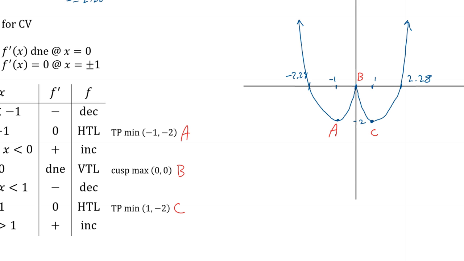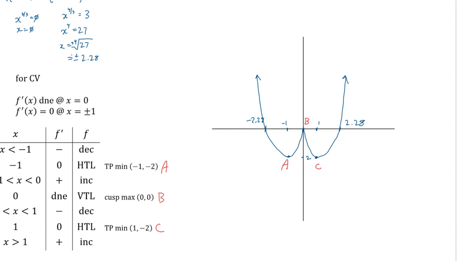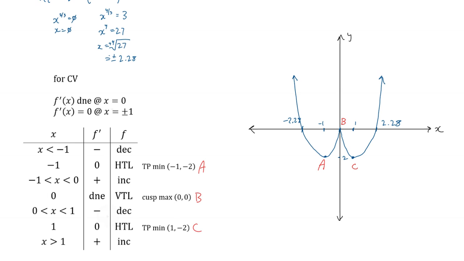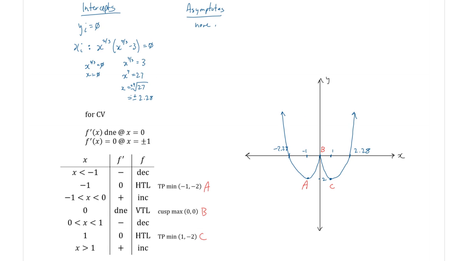But I like to do it like this. I also show it on the axes. Any questions? So that's a graph with a cusp. It's okay?